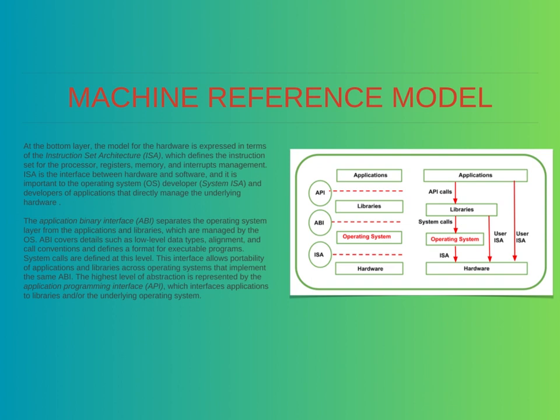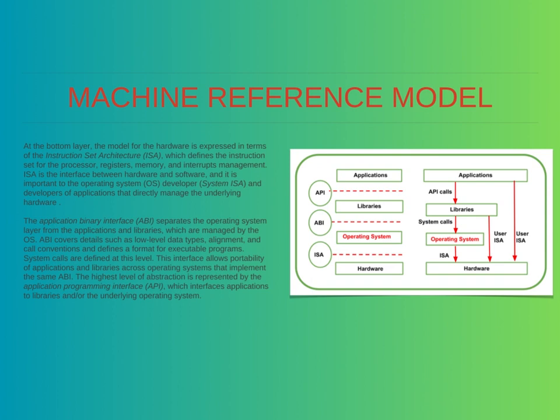The application binary interface separates the operating system layer from the applications and libraries which are managed by the OS. ABI covers details such as low-level data types, alignment, and call conventions, and defines a format for executable programs. System calls are defined at this level. This interface allows portability of applications and libraries across operating systems that implement the same ABI.